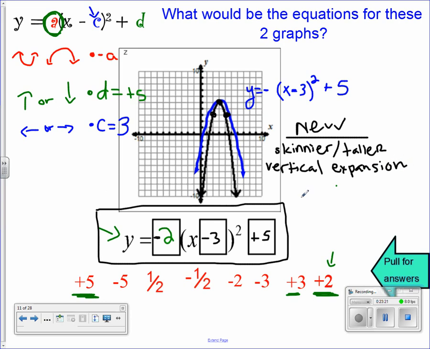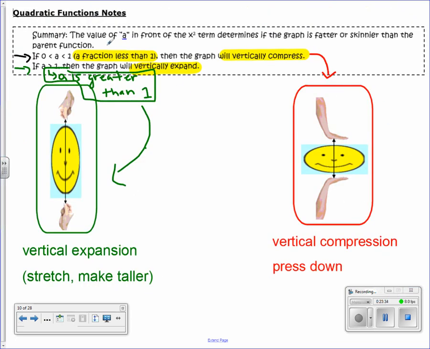So we know that our a value had to be greater than 1, and we found this information at the top of our notes right here. Under vertical expansion, a is greater than 1.